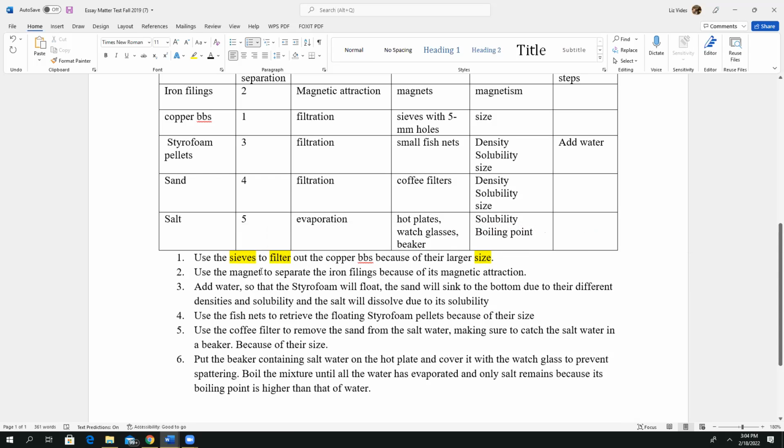I'm looking once again for the magnet. Magnetic attraction. I'm not seeing magnetism on here, but it's understood, right? The magnetic, oh, you could put it right here, look. There.